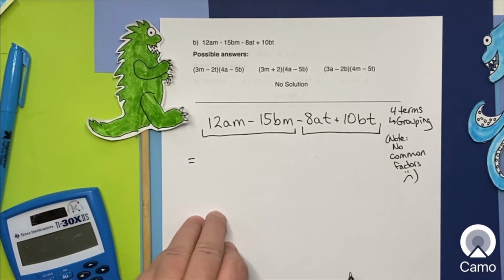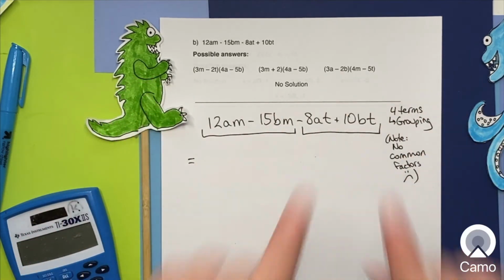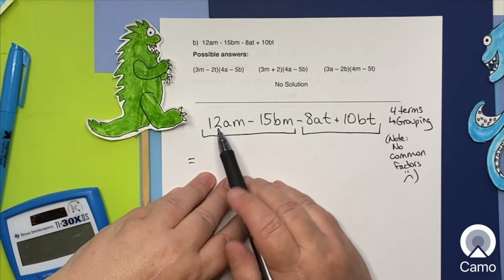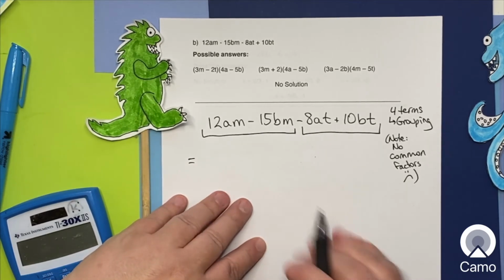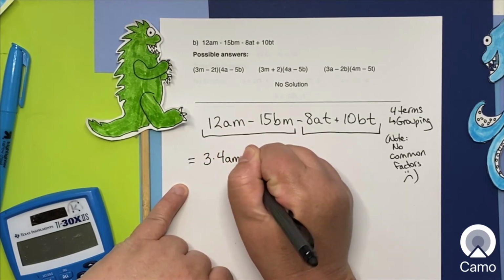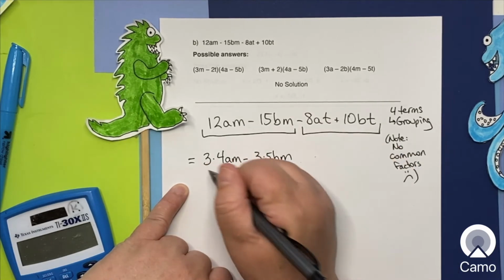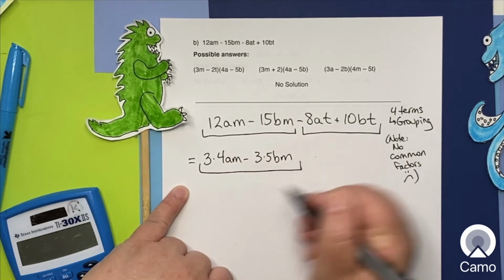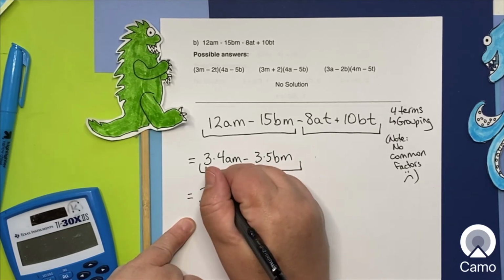Now, what grouping says is if there's nothing common to all of them, try just two at a time. So, what is common between 12 and 15? You're right, there's a 3. So if I just look at these two, I can factor out a 3 right there.